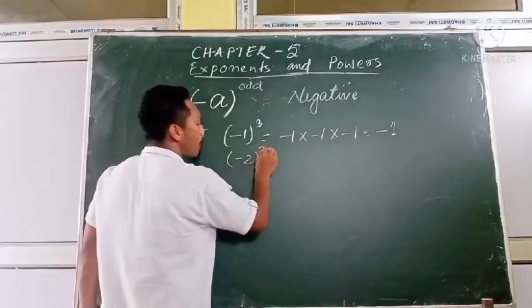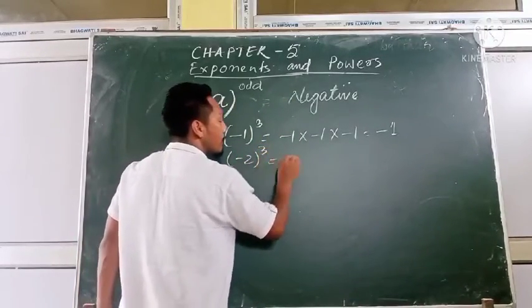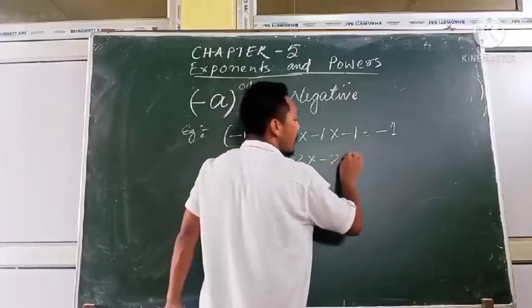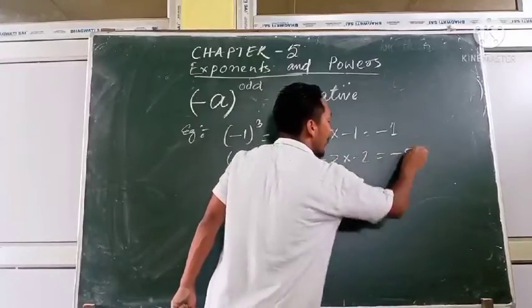Minus 2 to the power 3 means minus 2 into minus 2 into minus 2, so your answer will be minus 8.